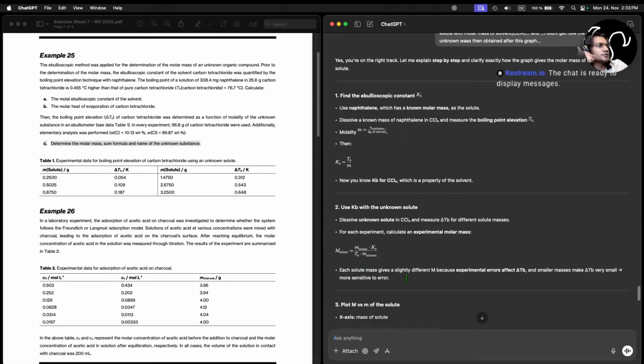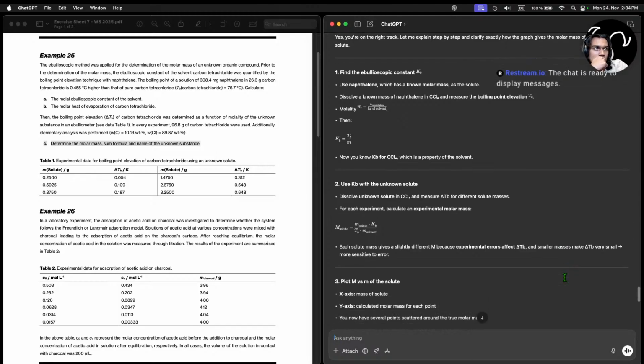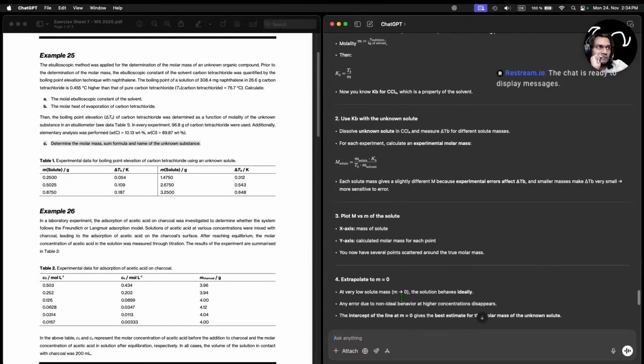Each solute mass gives a different M because experimental errors affect delta Tb. Molar mass of the solute at very low solute mass, the solution behaves ideally.